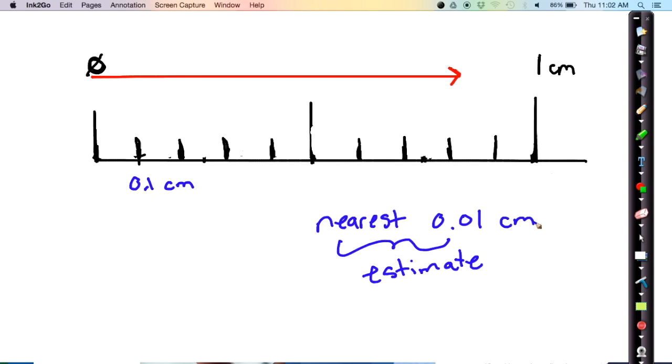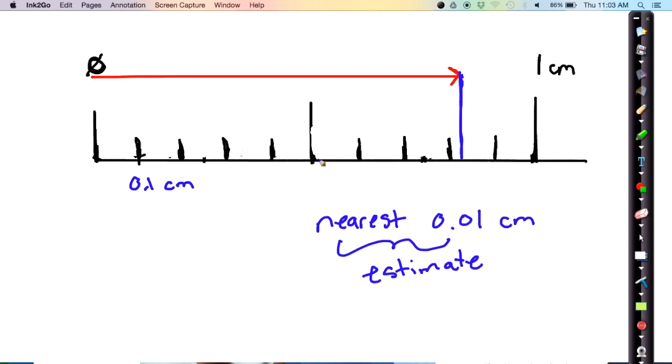So in the example that we have here, I'm measuring an arrow. So let's go ahead and sort of mark the position of our arrow on the ruler. There we go. That's about where we want to be. Now we notice that the arrow is at least as long as 0.8 centimeters.